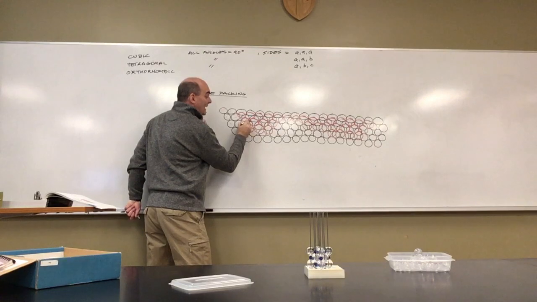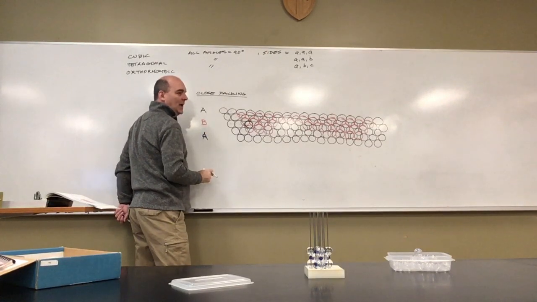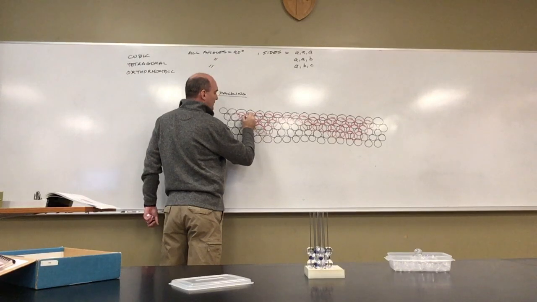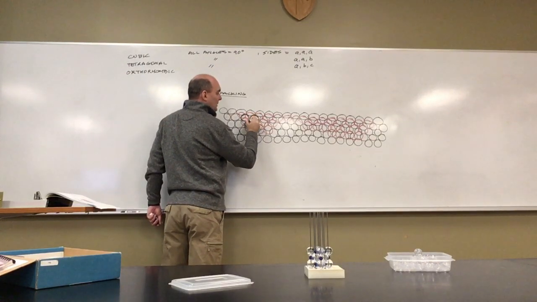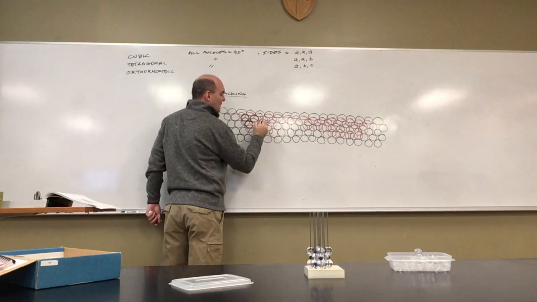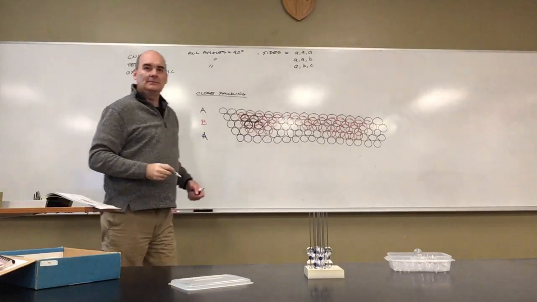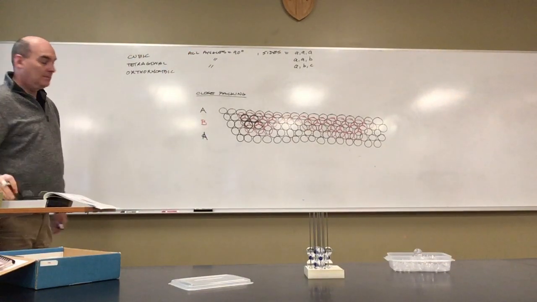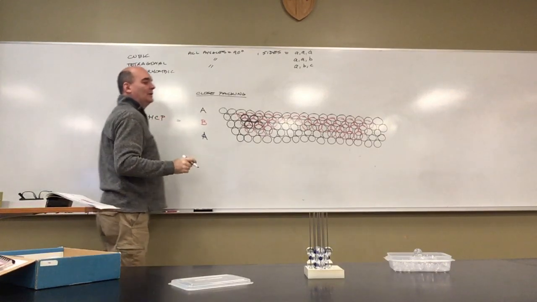If I put my next layer here, and my next layer is A, I've gone back to making A's, and I put over the red dimple, over this red dimple, I've made A again. And the A, B, A is called hexagonal close packing.